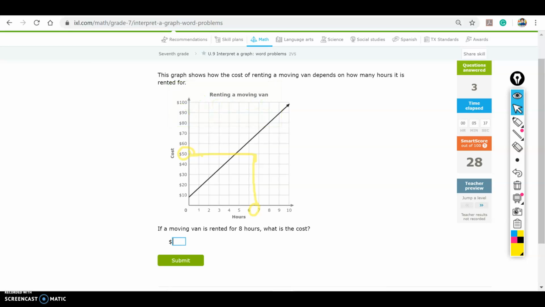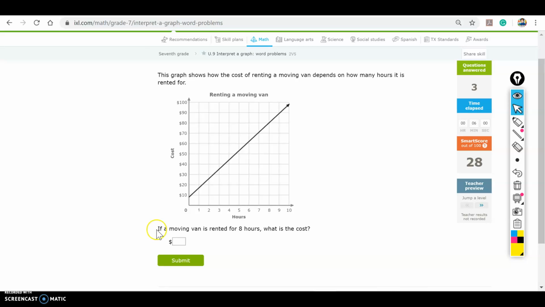Okay, let's see this one. I think 2 more and that's it. This graph shows how the cost of renting a moving van depends on how many hours it is rented for. And then you have the graph. Look how the x-axis is represented with the hours, and the y-axis with the cost in dollars.